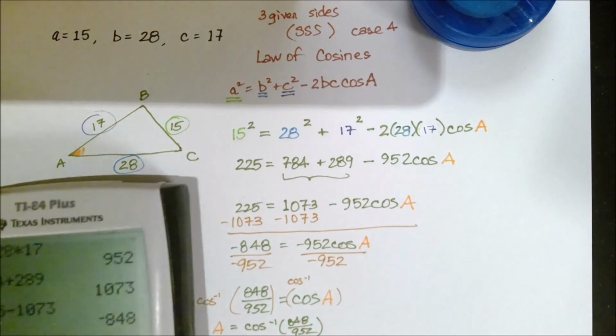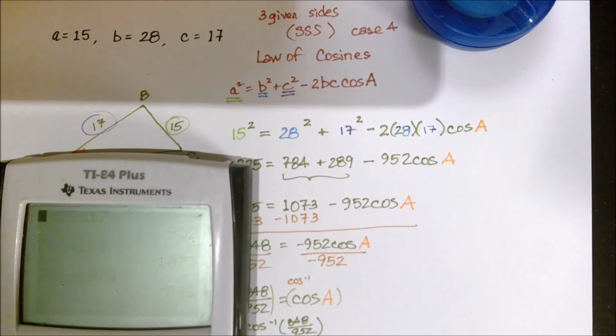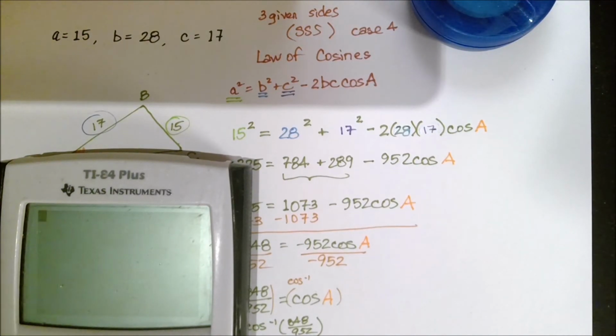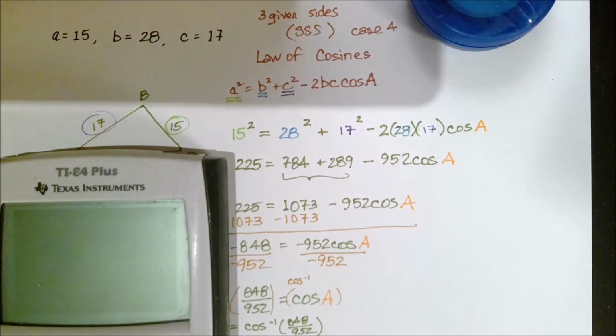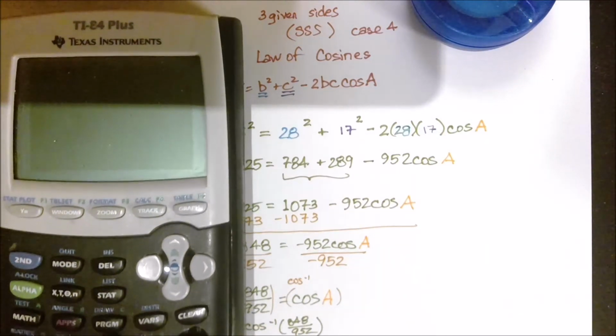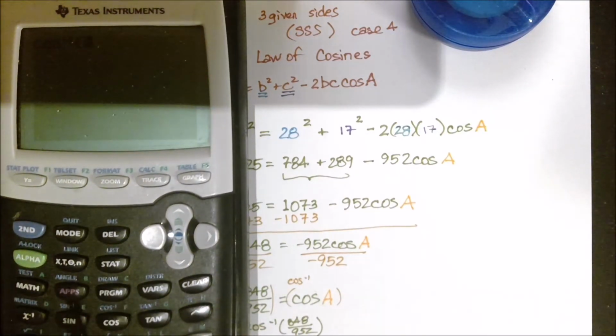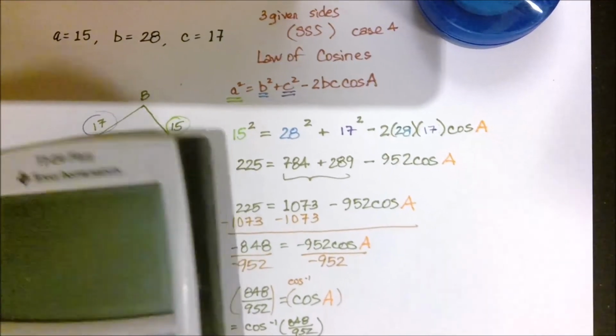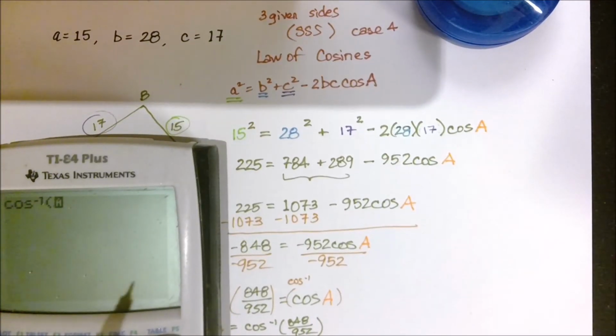When you type that into your calculator, make sure that you're in degree mode, right? Go to mode, make sure it's in degree, and then we're simply going to type in inverse cosine. I hit second, and then cosine. See it right there? Second cosine. That gives us the inverse cosine. I always like to use my alpha y equals. That gives me the fraction bar.